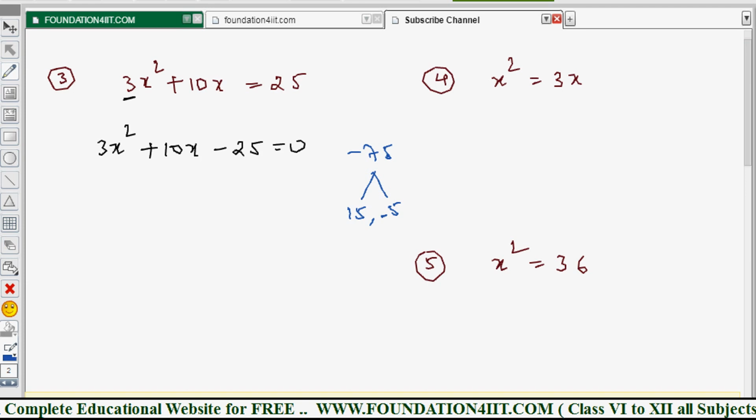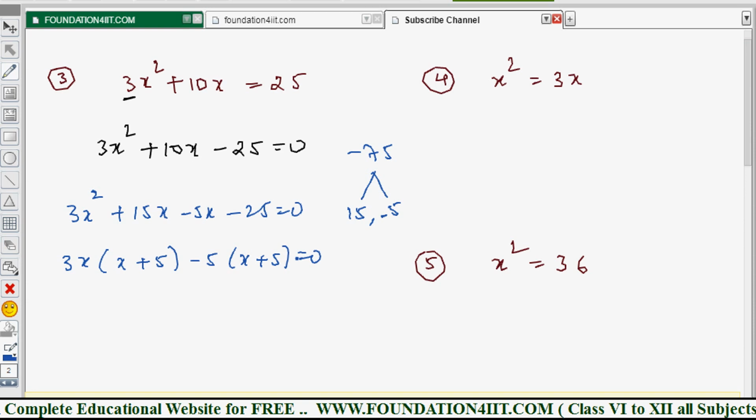That is actually the factorization concept. Now we can write 3x square plus 15x minus 5x minus 25 is equal to 0. So take 3x common from the first two, x plus 5. Then minus 5 common, x plus 5 is equal to 0.